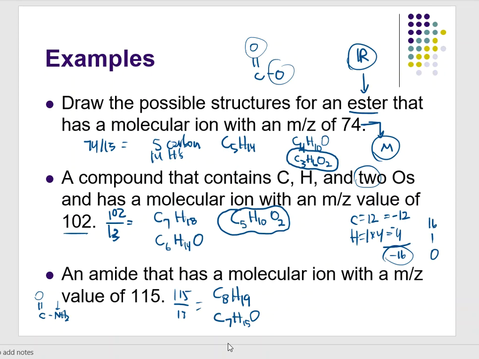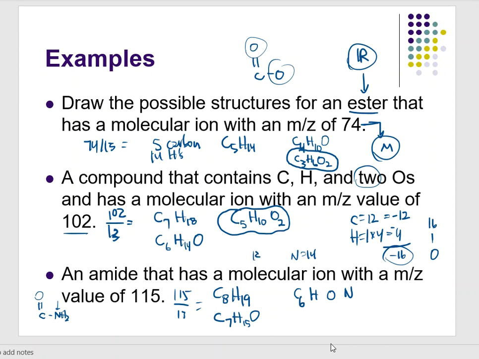C7H15O. Now the problem is that I have to make room for a nitrogen as well. Okay, no big deal. Nitrogen weighs 14. So I'll take away 1 more carbon, which brings us to 6.